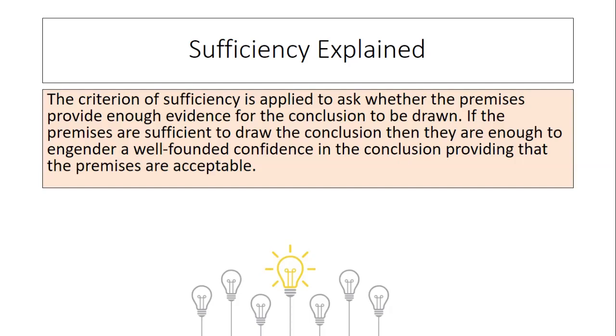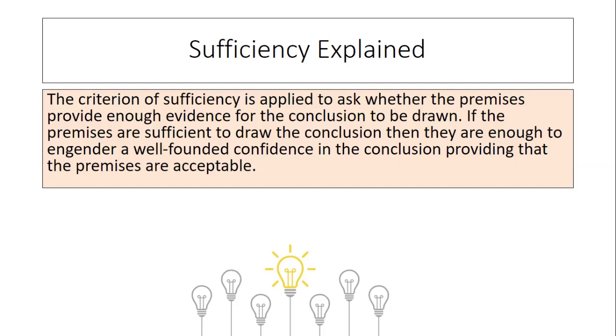Once we've established if it's acceptable, we look at relevance. So we've considered whether or not it's true, or if it can be taken to be true. If we can, we then go to relevance. And relevance, remember, is if it's relevant to the conclusion. For example, if it provides support to the conclusion independently, or if it provides support through helping other premises.